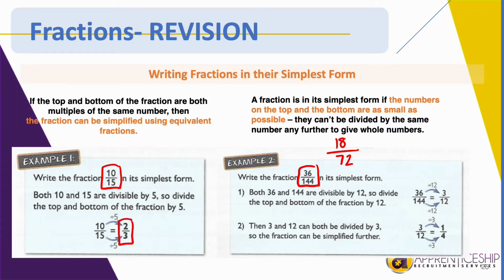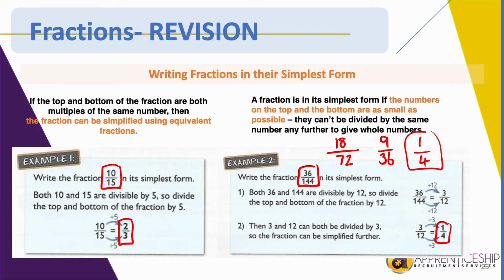So now I'm going to divide again by 2, which is 9 and 36. And then both now are divisible by 9. So 1 over 4.